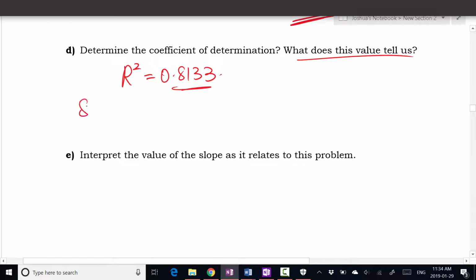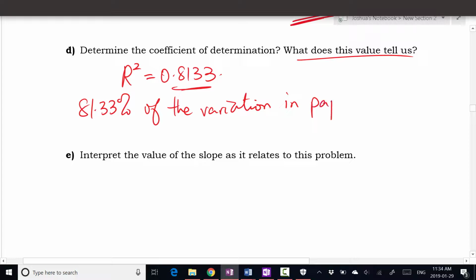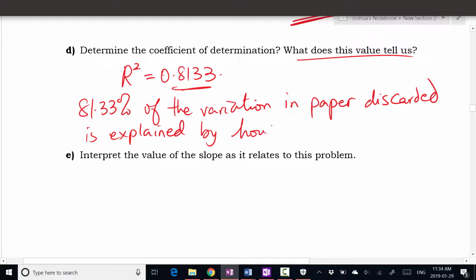So we say that 81.33% of the variation in Y, which in this case is the amount of paper discarded, can be explained by the variation in the household size, which is X. So basically, R squared, the coefficient of determination, is the percent of variation in Y that is explained by the variation in X. And that's telling us that the remainder is not explained.